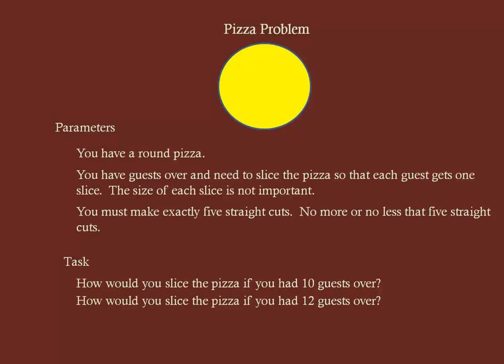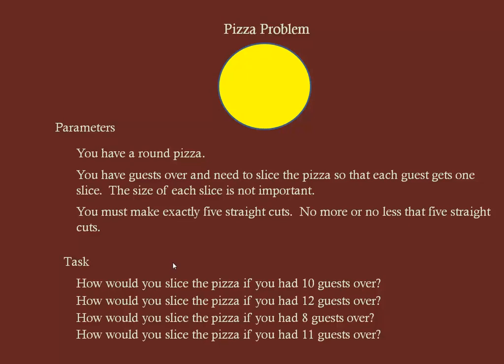Now you can think about that. The next one is kind of difficult. Imagine only 8 guests show up. How can you use your 5 cuts to make 8 pieces of pizza? And remember, a cut has to go from an edge of the pizza to another edge of the pizza.